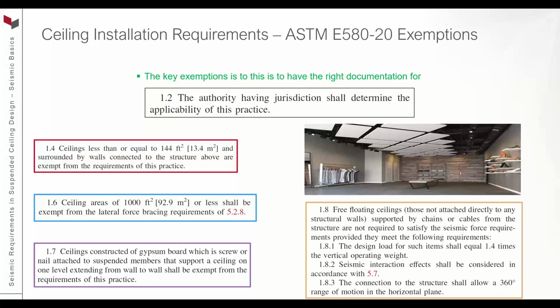In 8.1, it says the design load for such items shall equal 1.4 times the vertical operating weight. Whatever that ceiling system weighs, the support should be able to overcompensate that by 1.4 times.